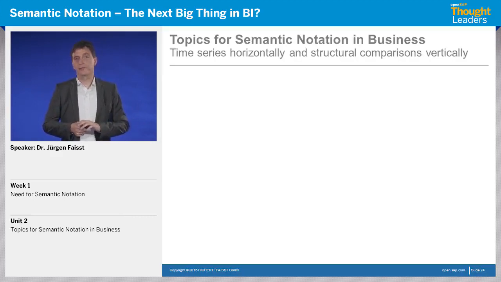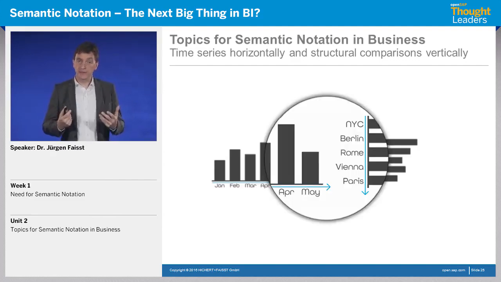The next topic I want to talk about is to differentiate the two major visualization aspects we have in business. Either we show time series, and a time series we would propose to show with a horizontal axis.